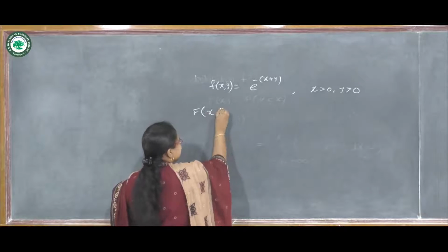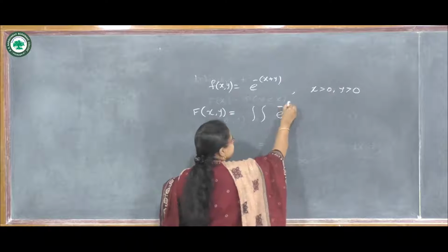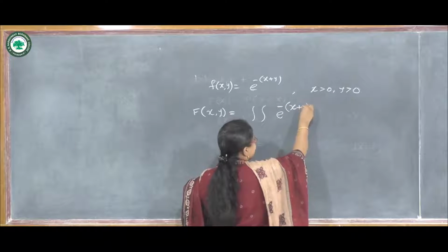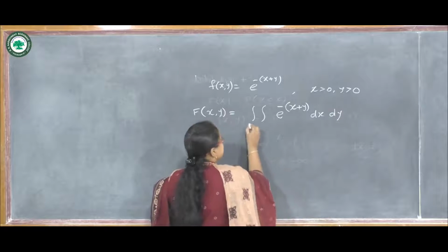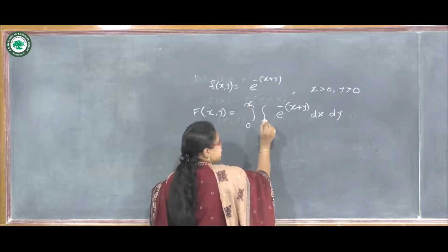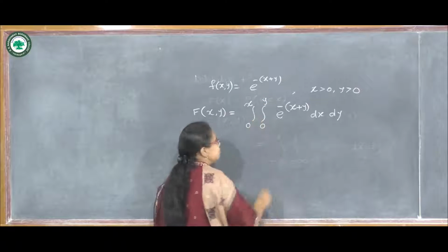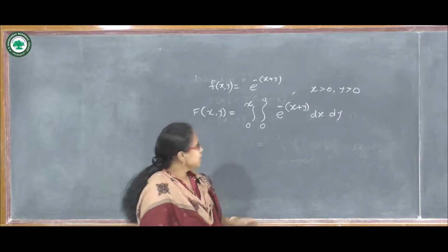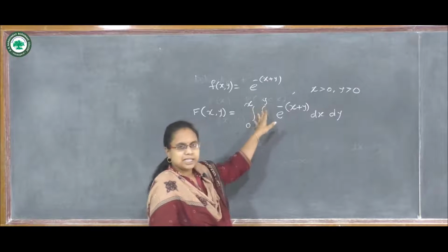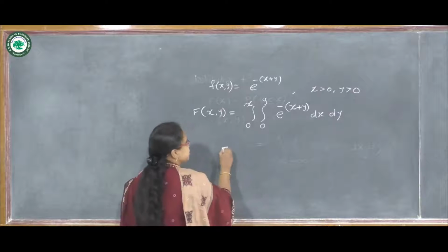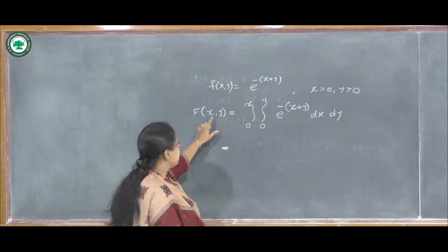So its CDF can be calculated by using double integration of e raised to minus (x plus y) dx dy. The range of x is from 0 to the point x and for y is 0 to the point y. Note that here we can use constants a and b instead of x and y, or whatever point we want to calculate the CDF for.